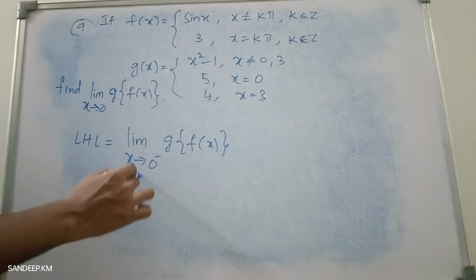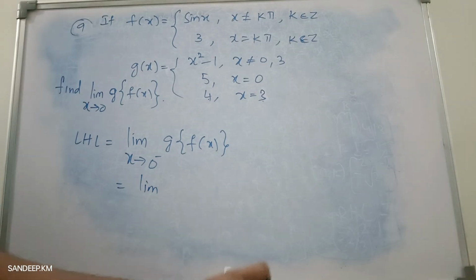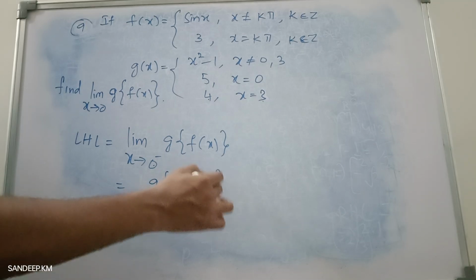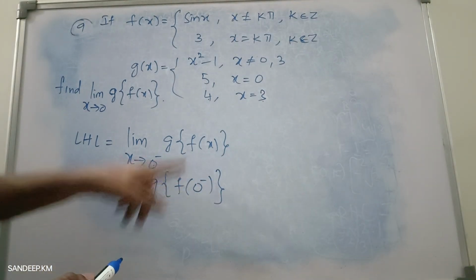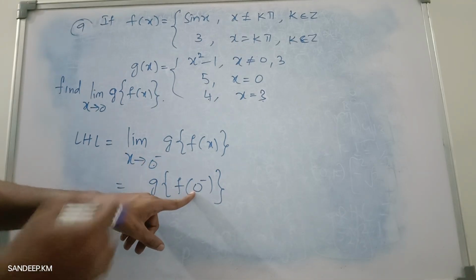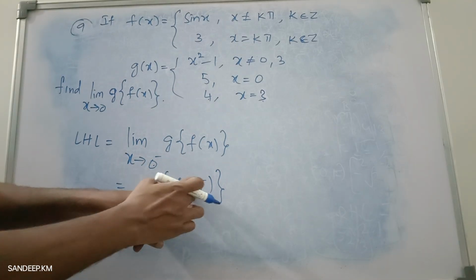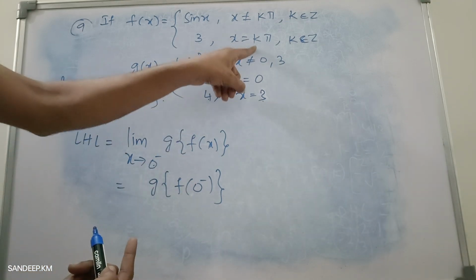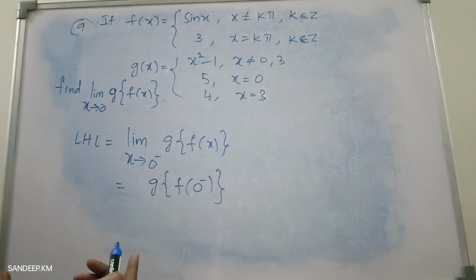So dear students, let me write like this. So g of f of, instead of x I am going to substitute 0 minus. The input for the function f is not 0, it is just lesser than 0. A number just lesser than 0, is it a multiple of pi or is it not a multiple of pi?